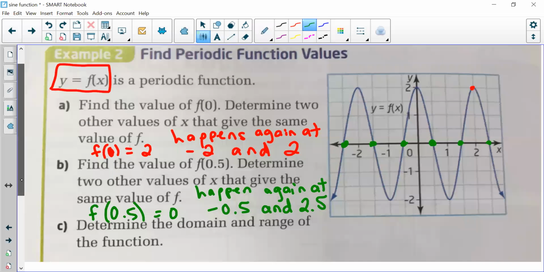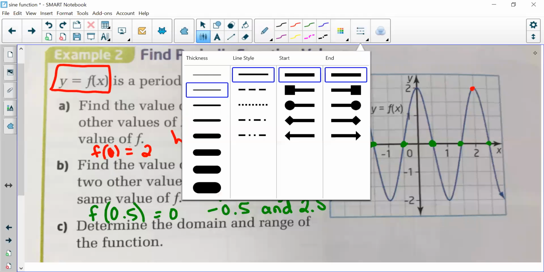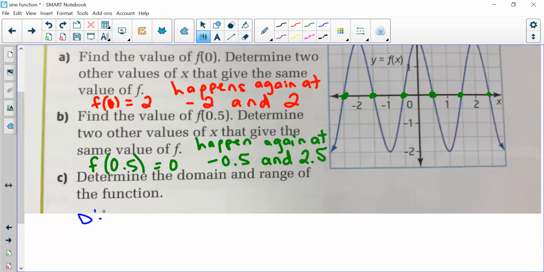Okay. What's the domain of this periodic function? What's my limitations on x? Okay, good. Domain is all real numbers because you can see that this one actually gives me arrows on the end. So that's actually done better. So it is all real numbers. There are no limitations.